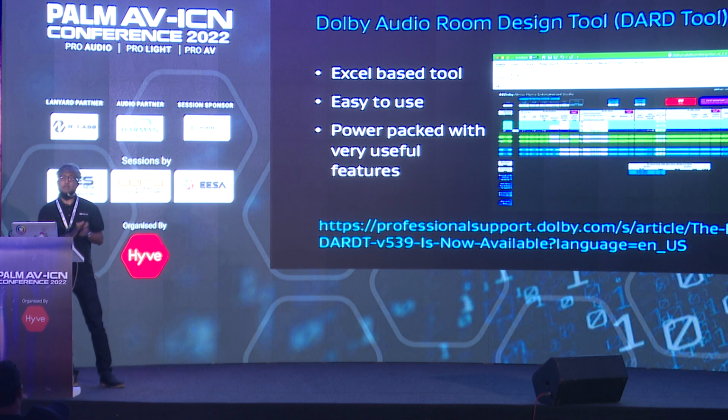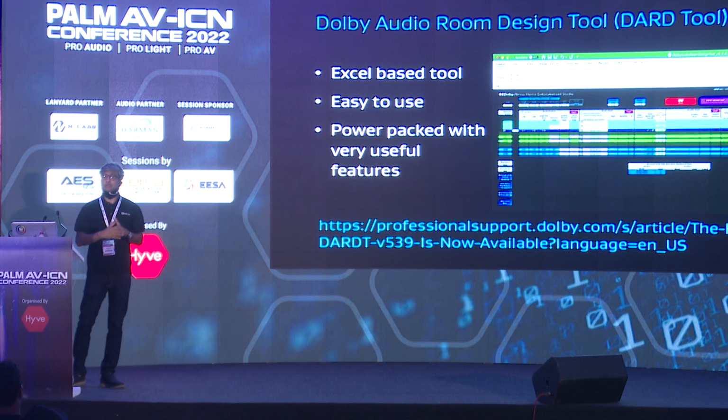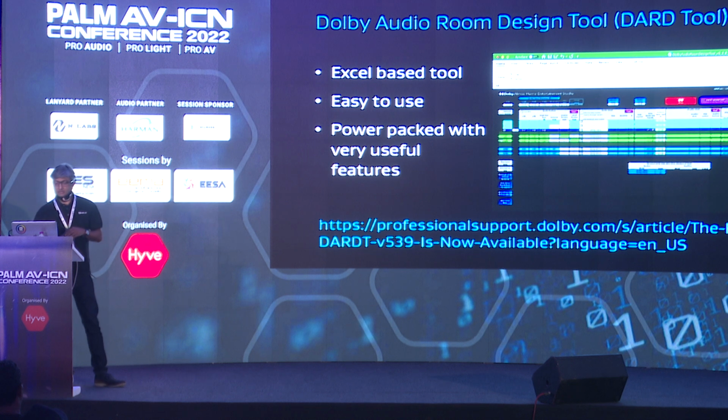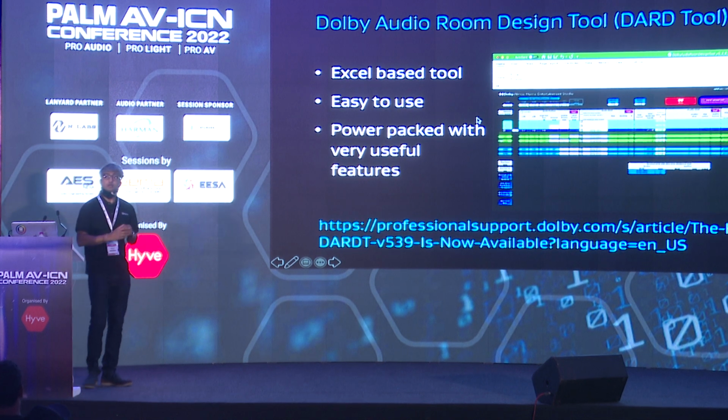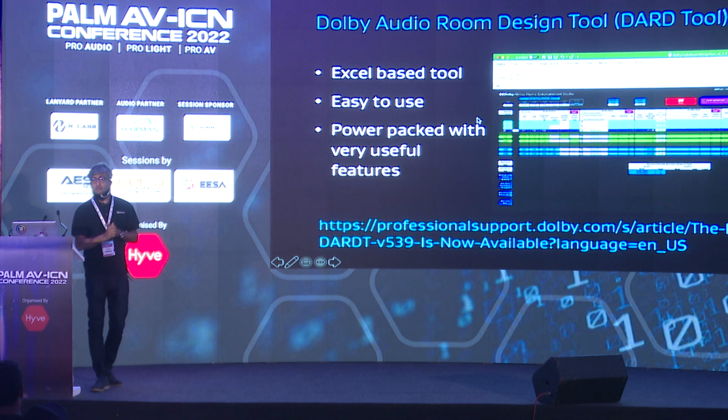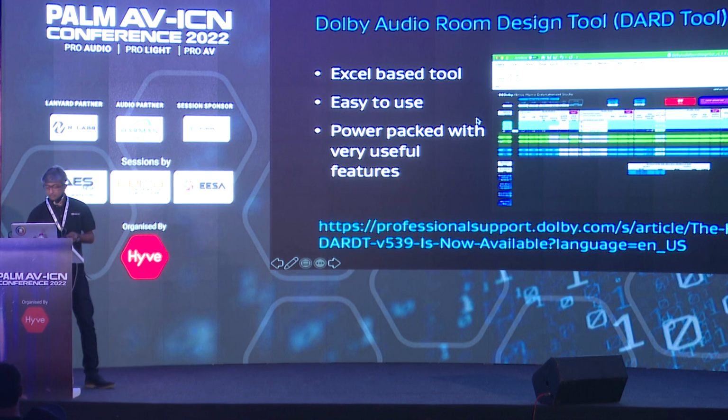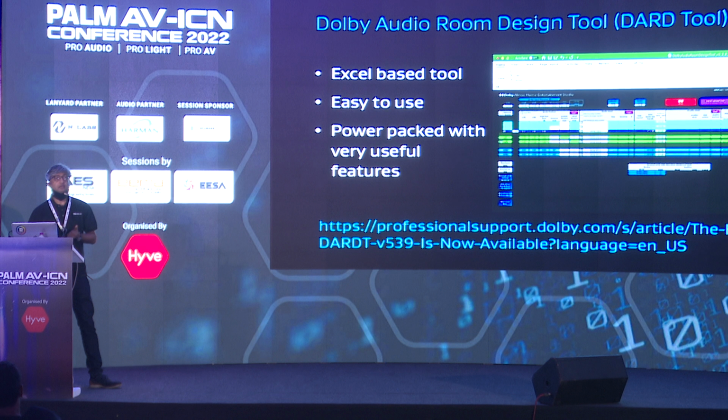So if you are not able to understand, you can hover over certain cells, and you will be prompted with the necessary help features. And if we have time, I can show you that this DART tool has a lot of very powerful features packed into it. Again, this is a free download. If you are very interested, you can download this from the site.